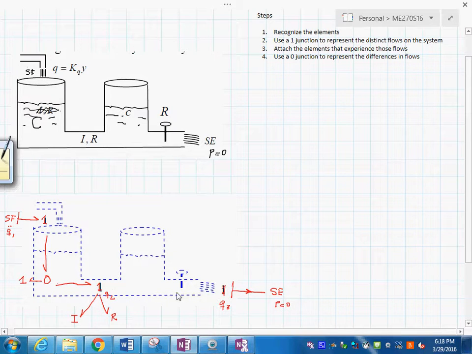So this is going to be Q2 minus Q sub 3, just like the one that you have in here is Q sub 1 minus Q sub 2. See, very good.